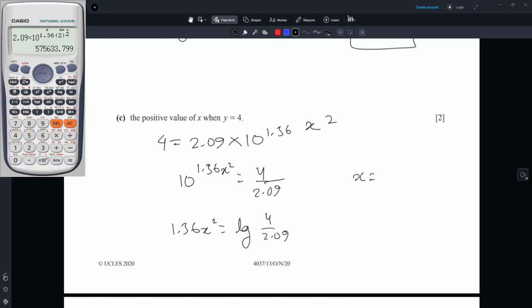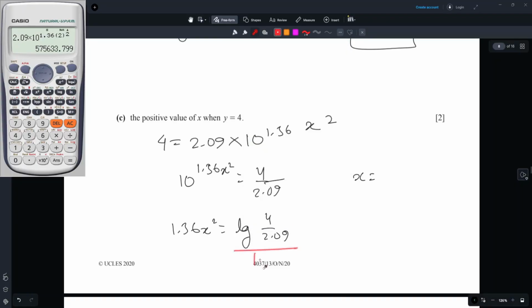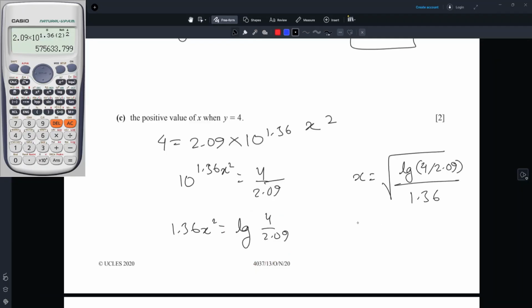So if I take 1.36 to the other side, it becomes divided by 1.36. And then if I want to remove the square, I have to square root this thing. So I have root over lg 4 over 2.09 divided by 1.36.